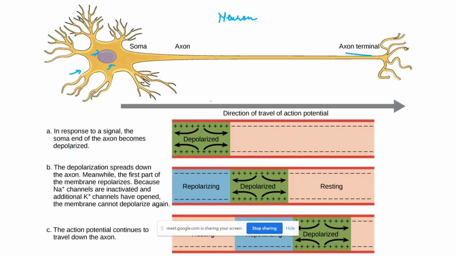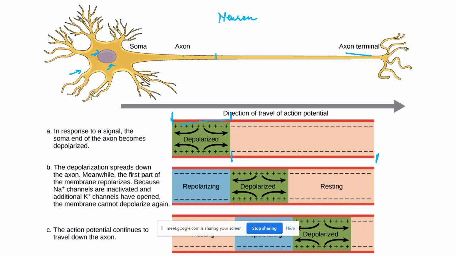So as you can see here, suppose just in this part of the axon, the charge has become positive from negative because it is depolarized, but this entire part still has not become depolarized. So now your signal has to travel, right?